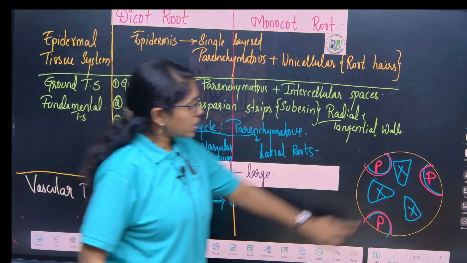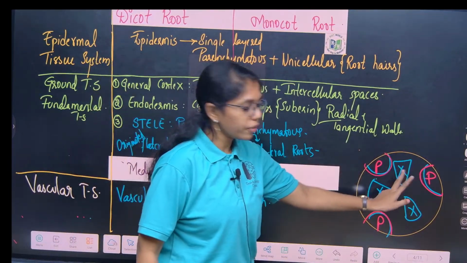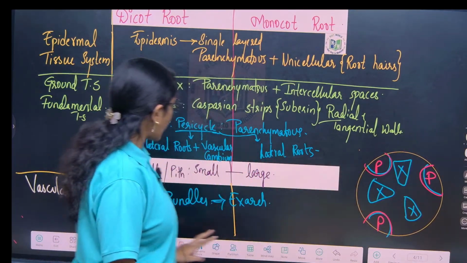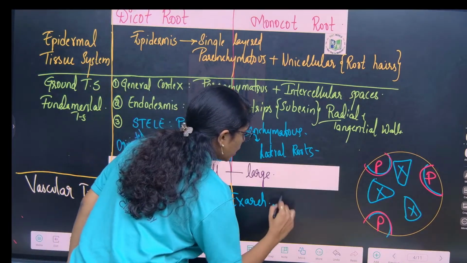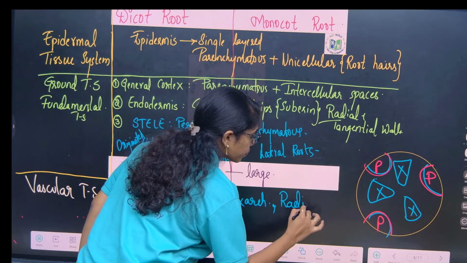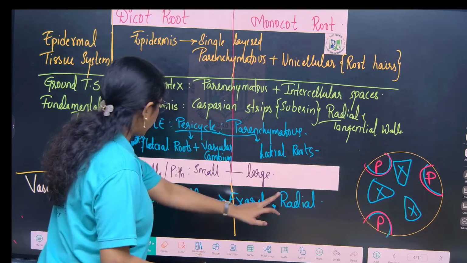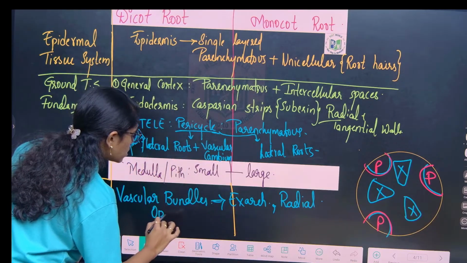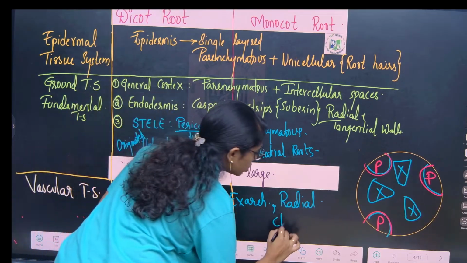Xylem and phloem are at two different radii. So here the vascular bundle arrangement is what? Radial. Radial and open in dicots, radial and closed in monocots.